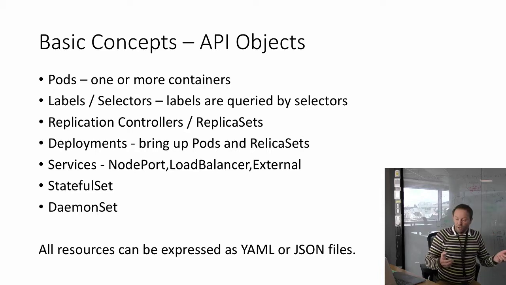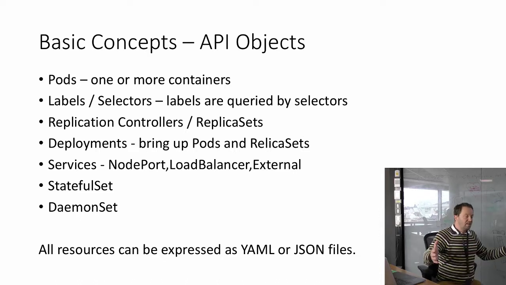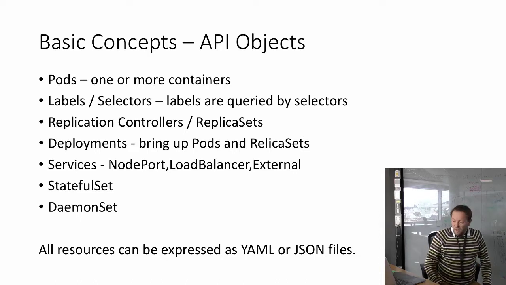We are exposing a service. This service is built on these pods, and you can define that with labels and selectors. And you have all these different API objects inside the cluster.